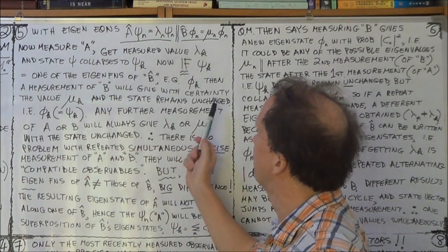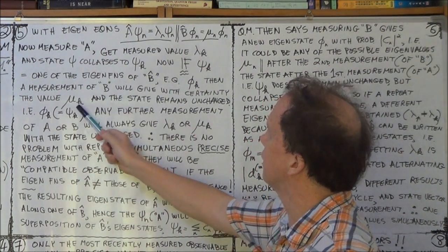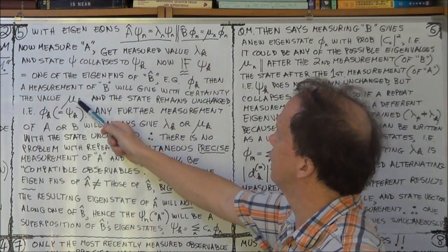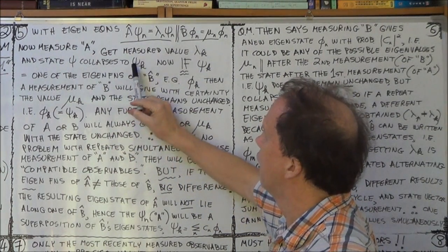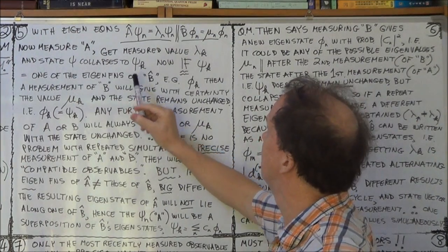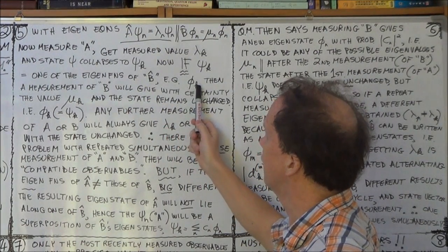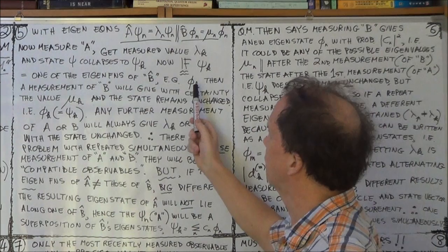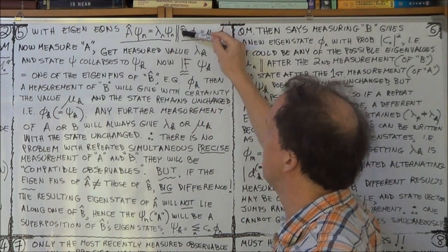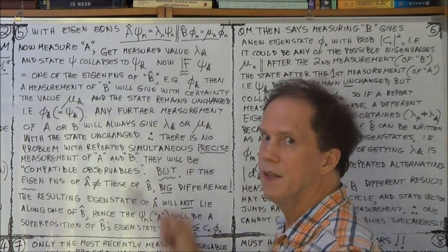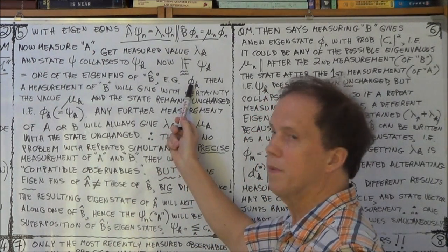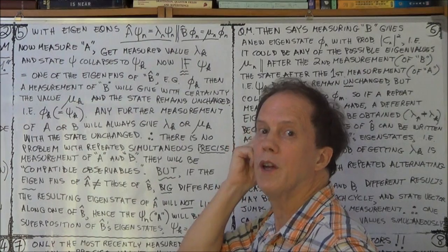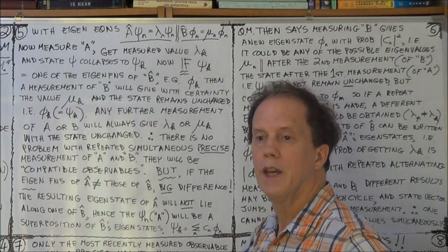And the state will remain unchanged, because if psi k is equal to phi k, right? If you perform a measurement B on phi k, with certainty you'll get mu k, and this wave function does not change. That's typical of eigenstates.